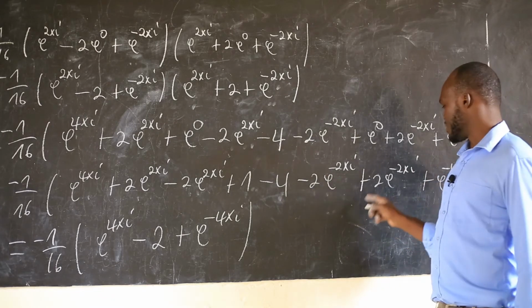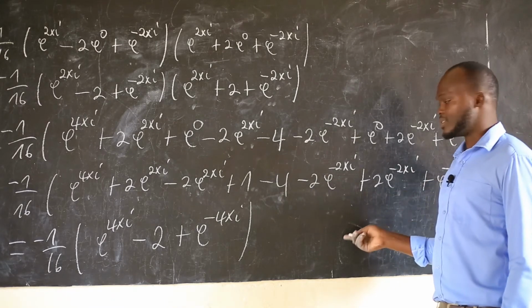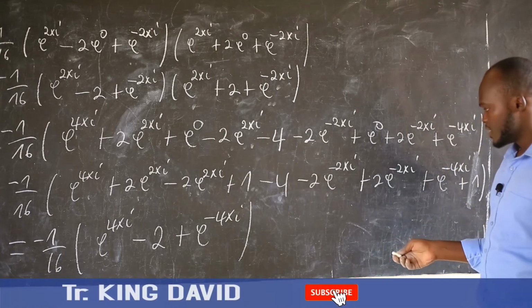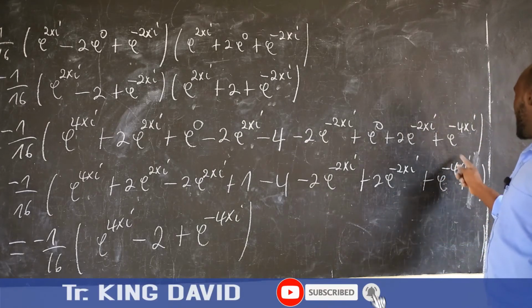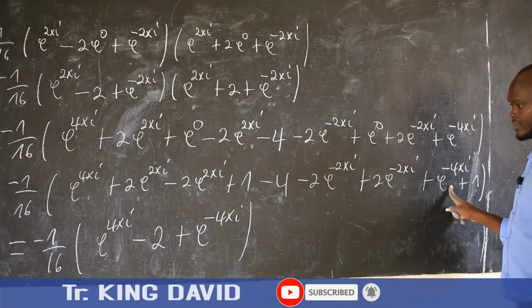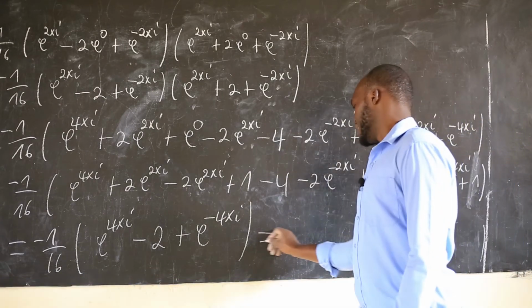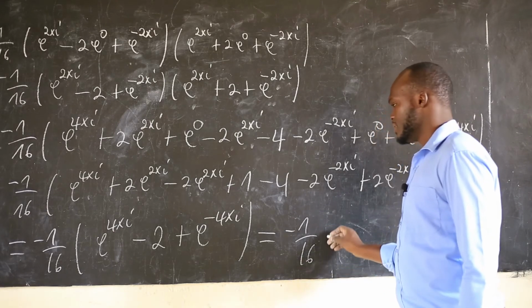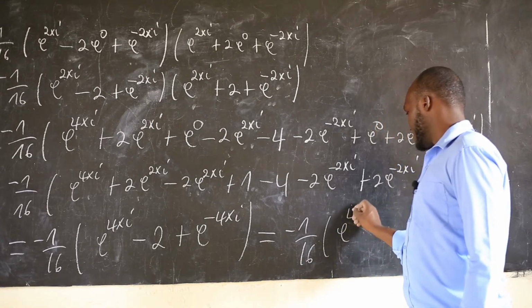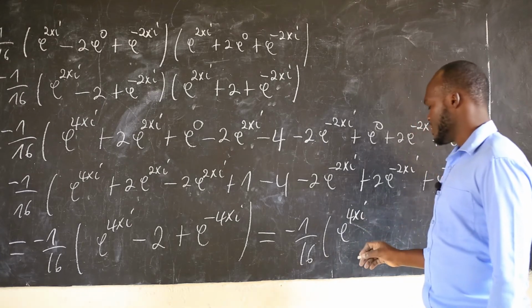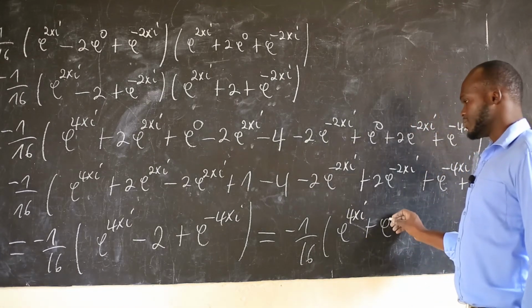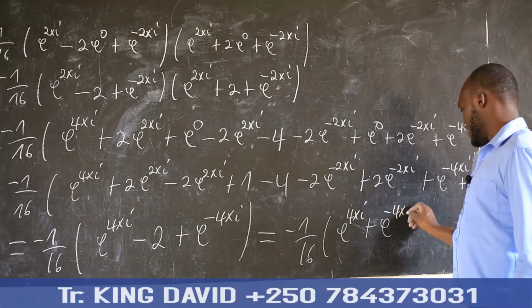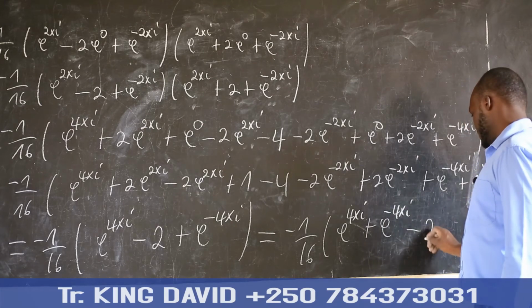Negative 2 plus 2, that is 0. No need of writing 0. And also we have e power negative 4xi. So finally, the answer is negative 1 over 16, then e power 4xi plus e power negative 4xi minus 2.